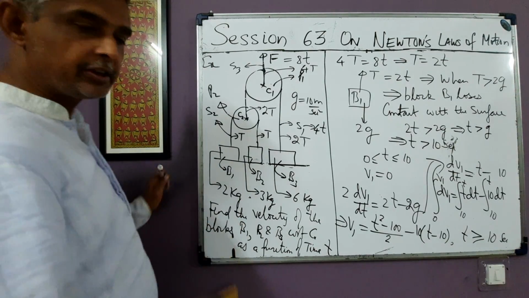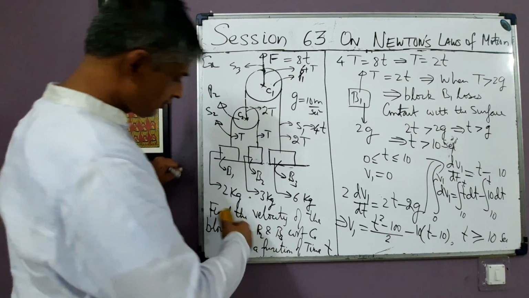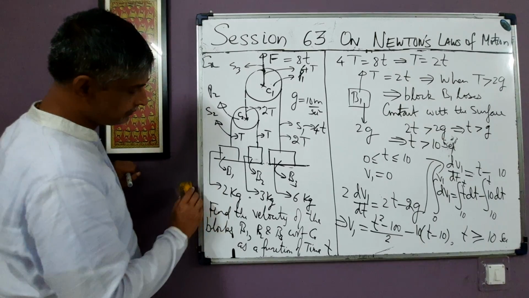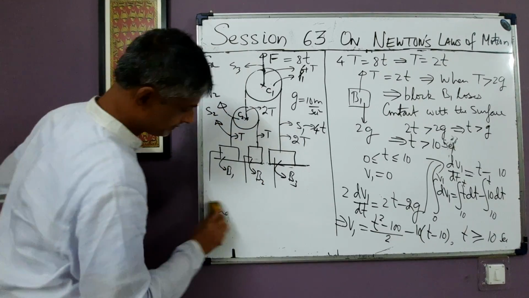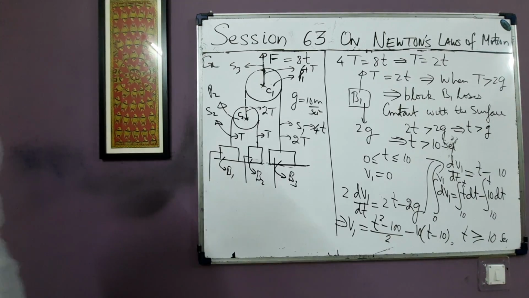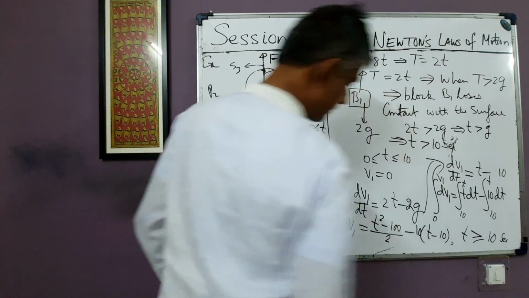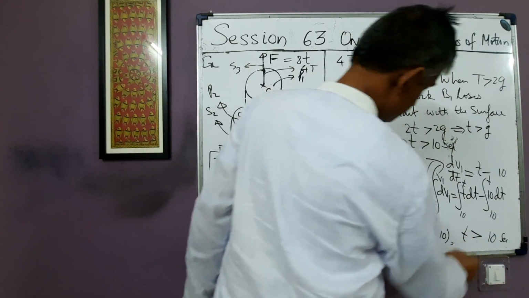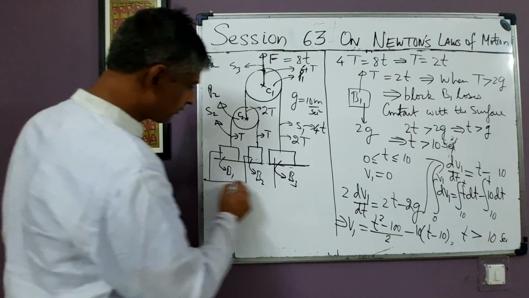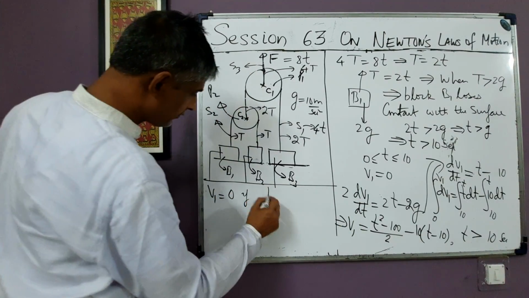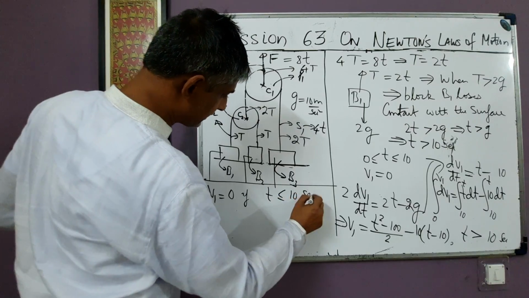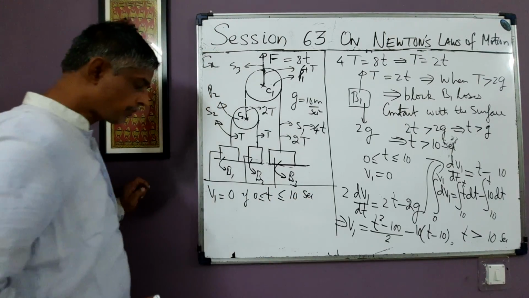So one answer we have obtained now. Alright, fine. I rub this one. So this value provided t is more than 10. So what do you write? Complete answer for v1: v1 is 0 if t is less than or equal to 10 seconds, more than 0.